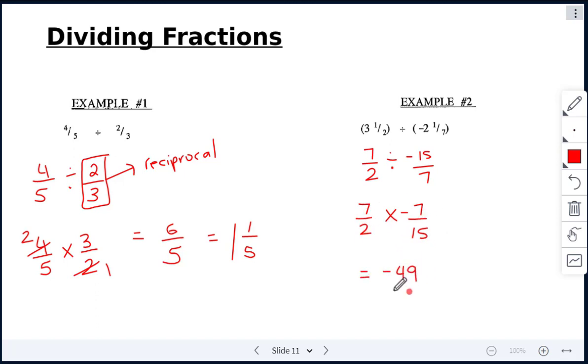And then 2 times 15, which is 30. So lastly, because this is improper, I'm just going to write it as a mixed fraction. So we end up with negative 1 and 19 over 30. 1 times 30 is 30, plus the 19 to give me that 49.